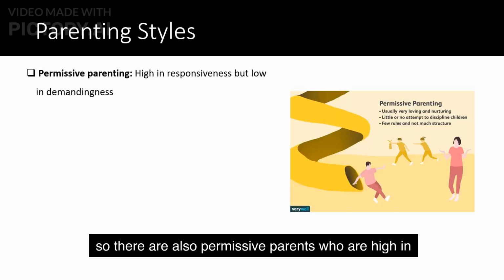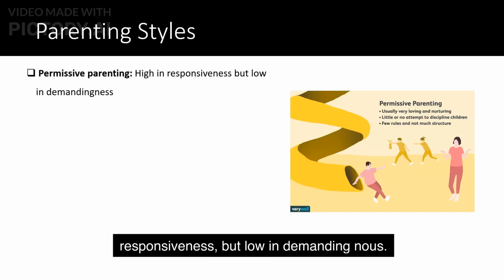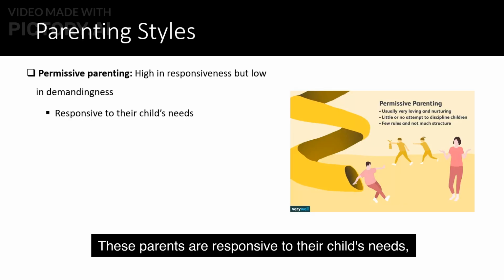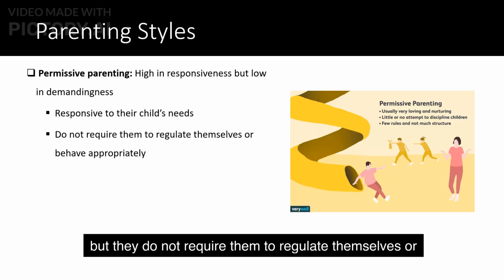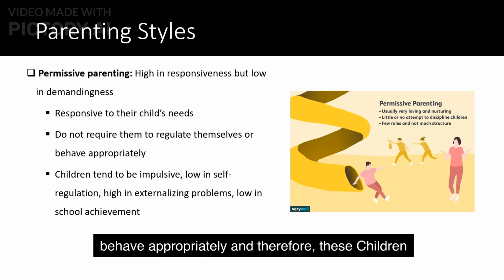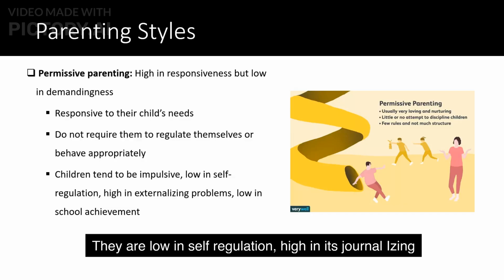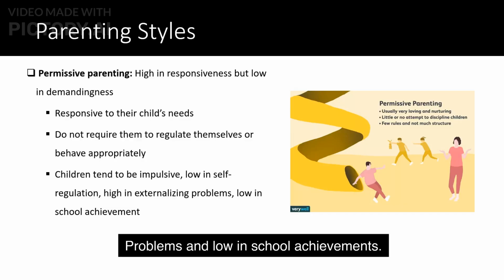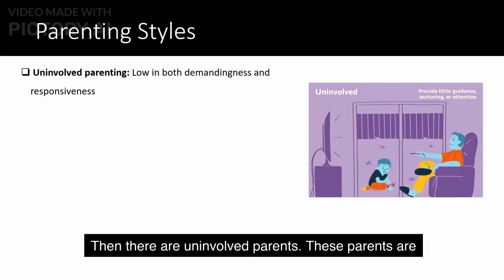There are also permissive parents who are high in responsiveness but low in demandingness. These parents are responsive to their child's needs, but they do not require them to regulate themselves or behave appropriately. And therefore, these children tend to be impulsive, they are low in self-regulation, high in externalizing problems, and low in school achievement. Then there are uninvolved parents.